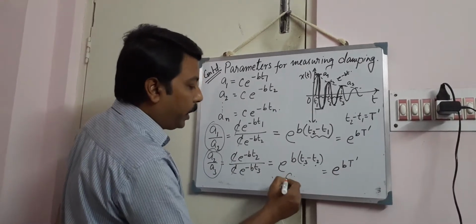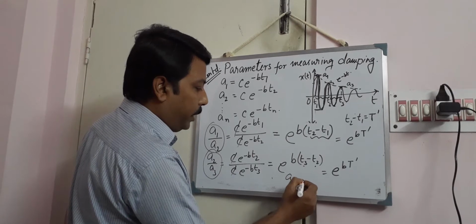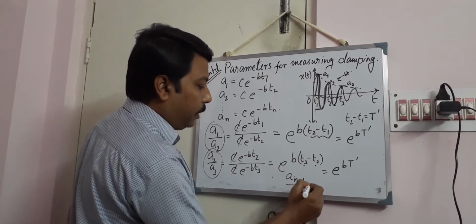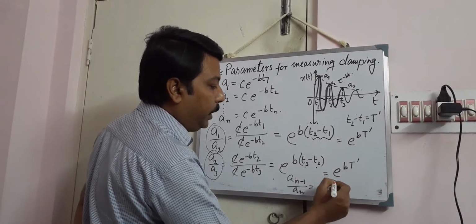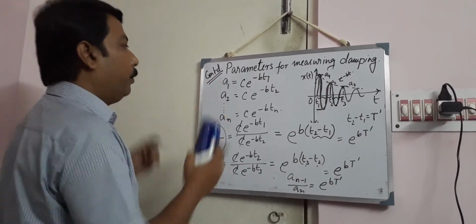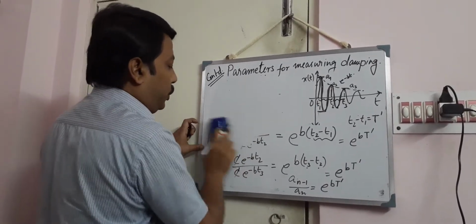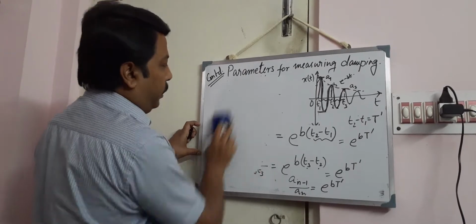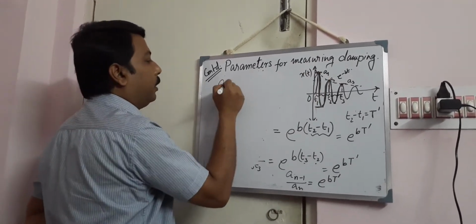So in general we can write a n minus 1 by a n as e to the power b into t prime, where t prime is the time period of the weakly damped oscillator.